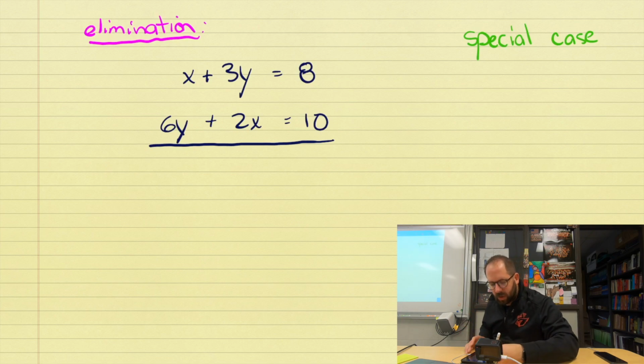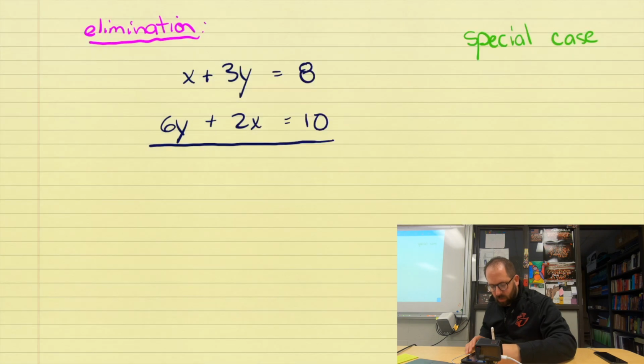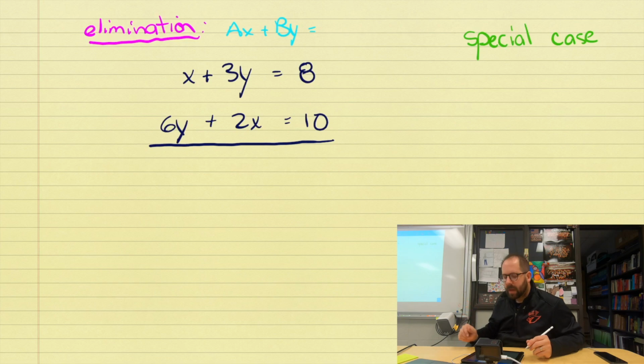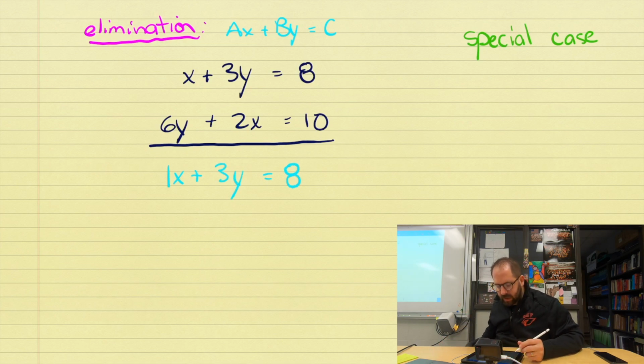We want to get them to the form ax plus by is equal to c. That's standard form. On the top line, I'm going to leave that one alone. It has the ax, right? That's a 1x plus by is equal to c. But on the bottom line, I need to rearrange it. I just like to get the x's, y's, and numbers lined up.